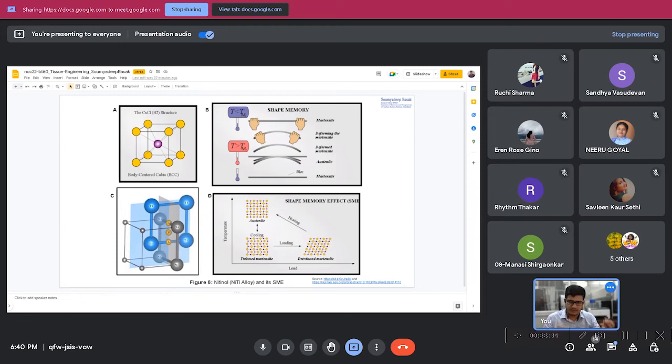When it comes to that exact environment, the body temperature, it will regain its shape. So the martensite to austenite change in the crystal structure, and vice versa, is employed for nitinol.